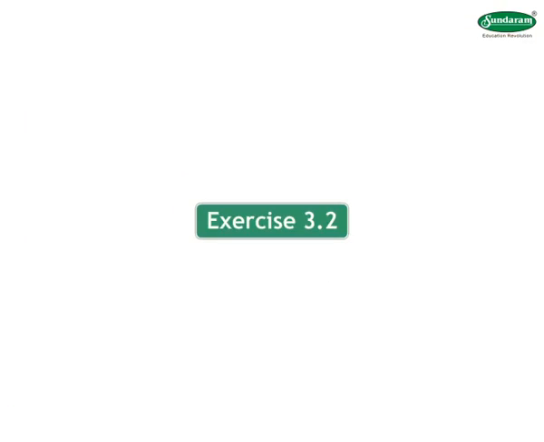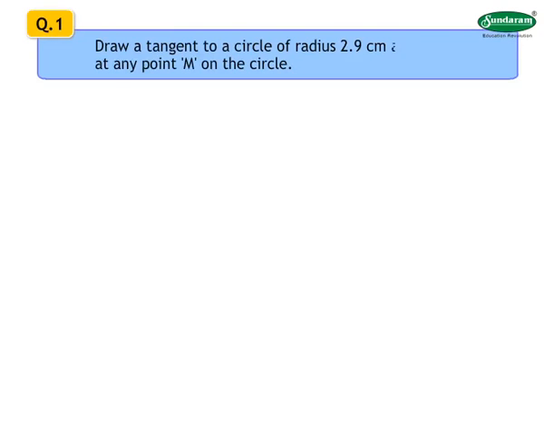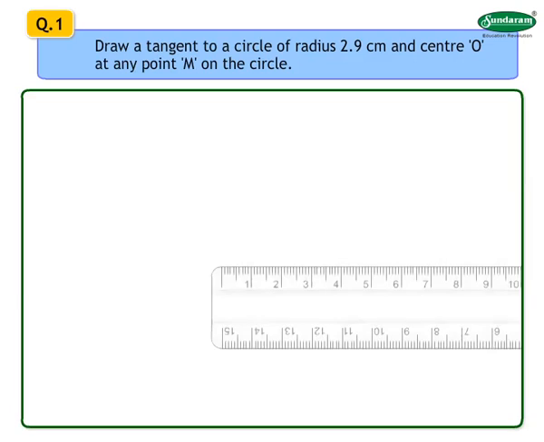Now let's begin with exercise 3.2. Question 1. Draw a tangent to a circle of radius 2.9 centimeters and center O at any point M on the circle. Solution.